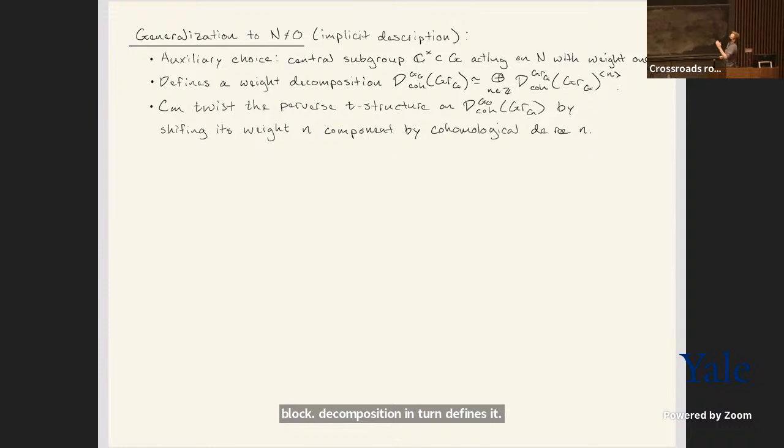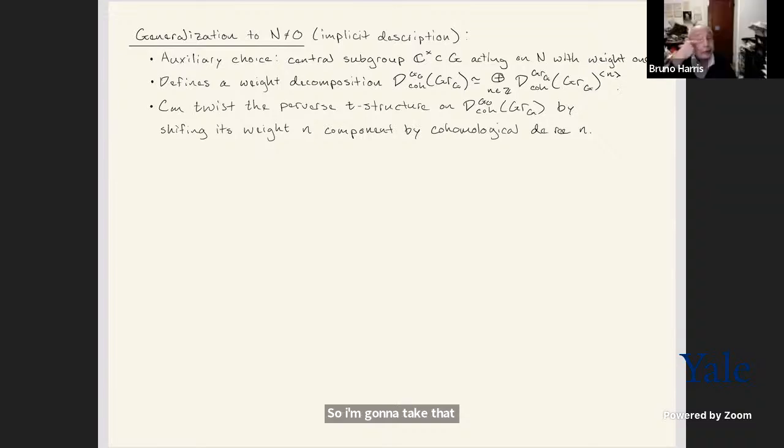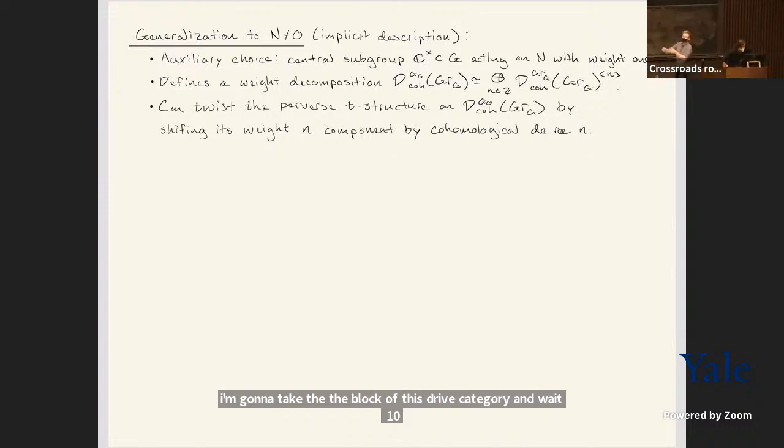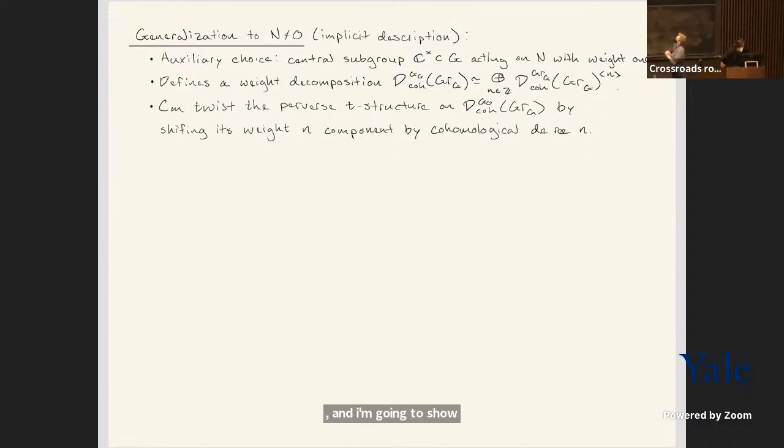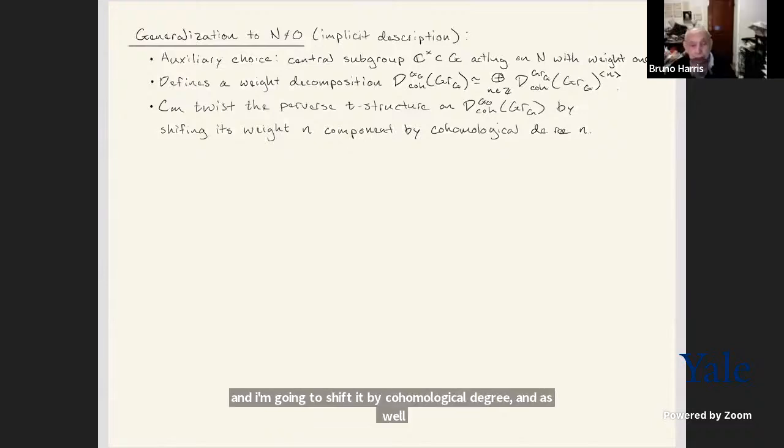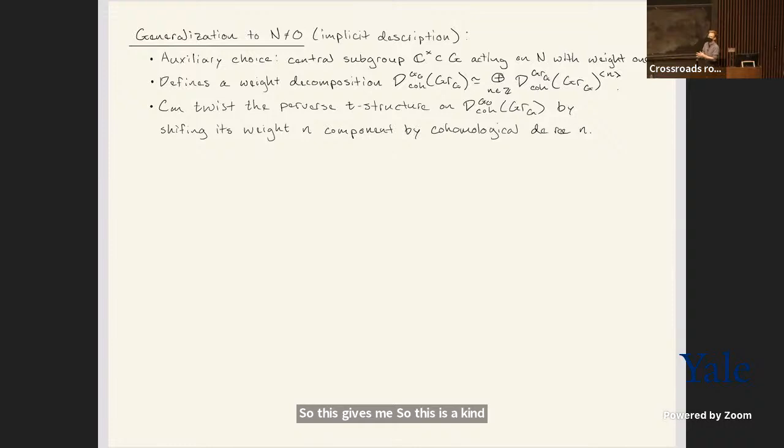I'm going to take the block of this derived category in weight n, and shift it by cohomological degree n as well. So this is a very simple regrading autoequivalence of this derived category. And I can basically just translate the perverse t-structure under this regrading autoequivalence.